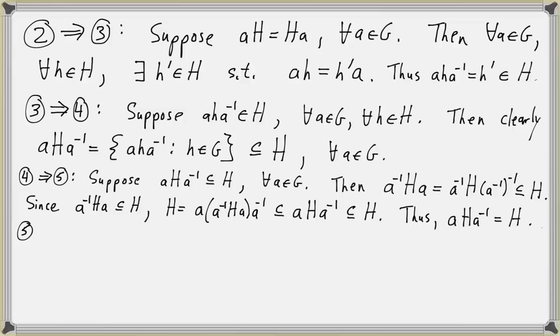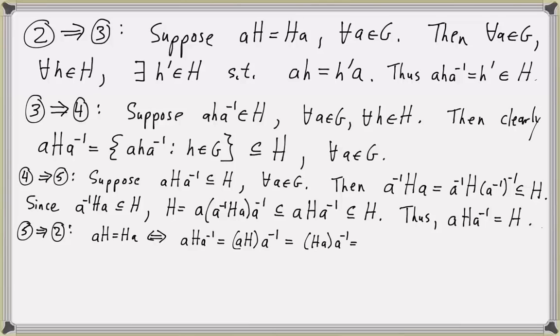Now finally we need to finish our chain of statements by showing that 5 implies 2. Now to see this, let's note that aH equals Ha if and only if aHa⁻¹, which I can think of as the left coset aH times a⁻¹. If aH equals Ha, then I can exchange aH with Ha.